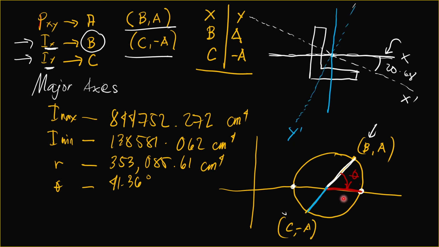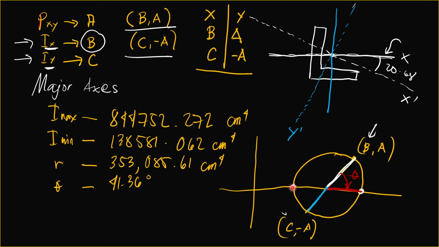The angle between this axis, this radius, the red one, and the other side is the axis where the minimum moment of inertia can be found.